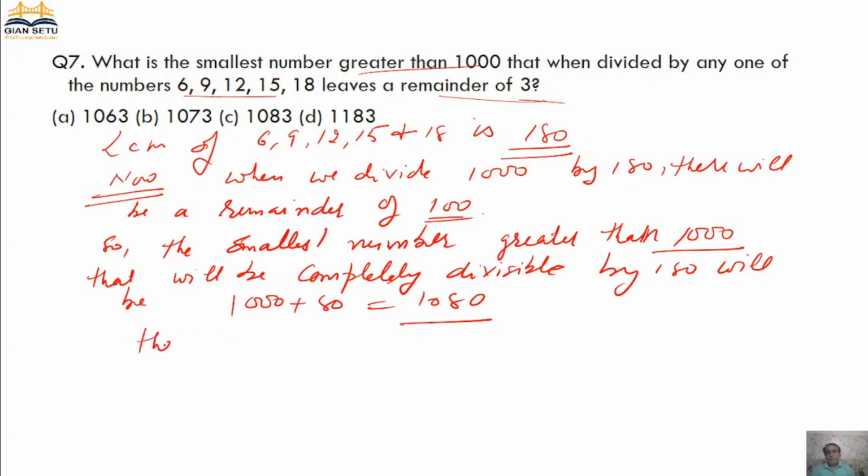Then that number will be equal to 1080 plus 3 is equal to 1083. So the right answer is C here.